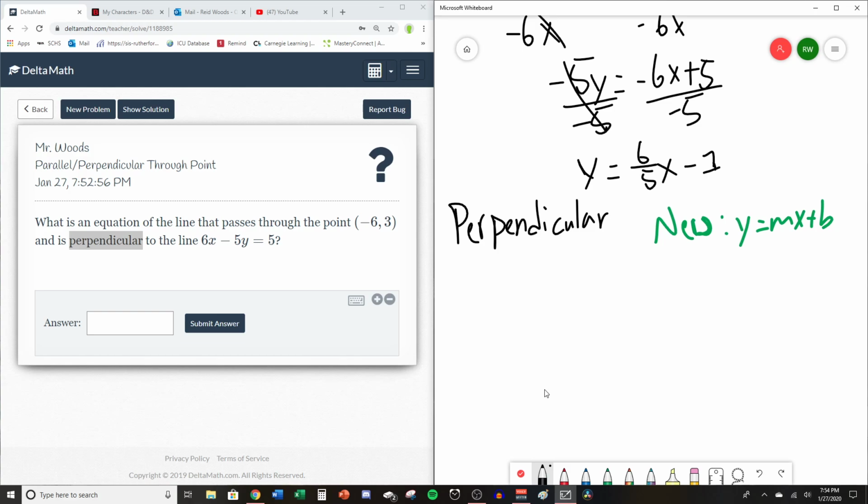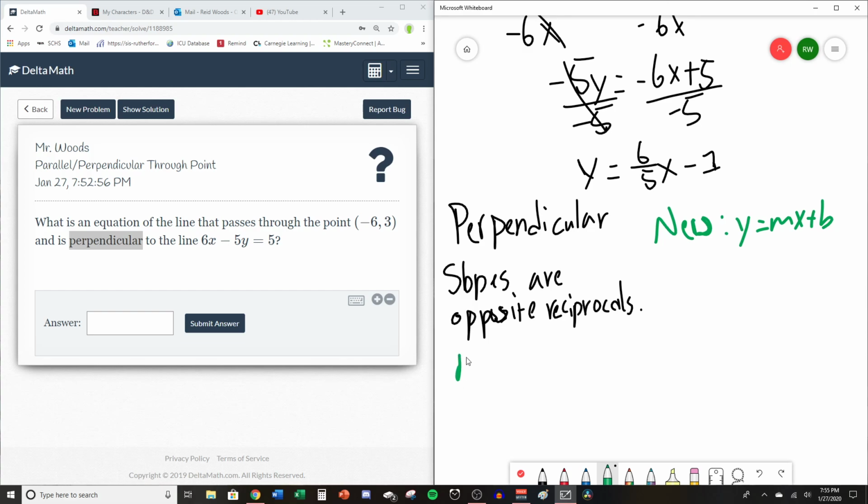However, for perpendicular, slopes are opposite reciprocals.